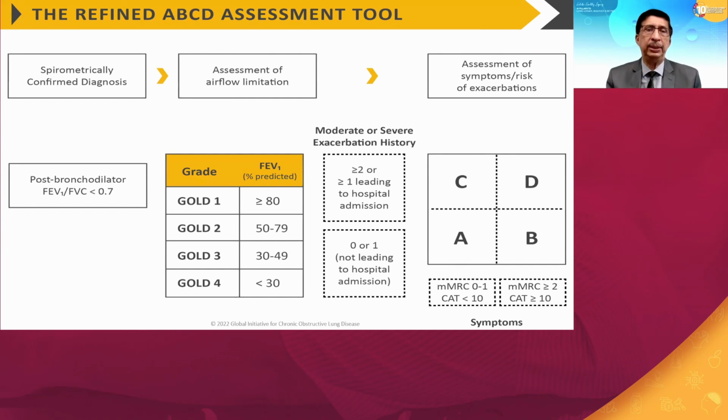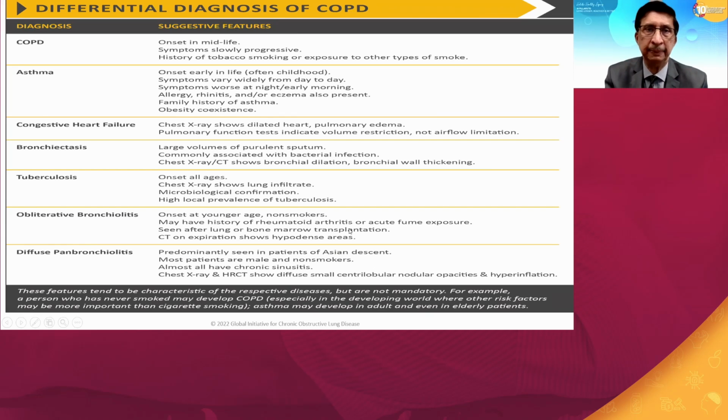Now, using all these tools, the spirometry, the assessment of symptom risk, and the post-bronchodilator response, we are able to classify into the different GOLD stages. Then, also looking at the exacerbation history, we are able to classify into the ABCD classification, which I'll come to a little later for treatment.